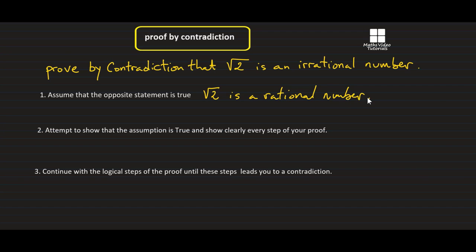And the question now is, what is a rational number? Well, a rational number, you can write it down as a fraction, a over b, where a and b are integers, and where the fraction itself is in its simplest form, meaning that a and b do not share any common factor.